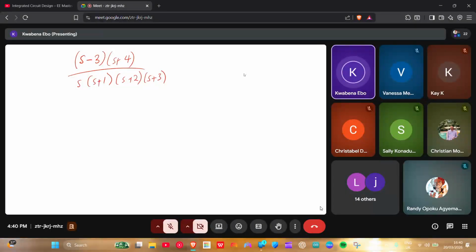The things you have to take note of are the zeros and the poles. The zeros are 3 and -4, and the poles are 0, -1, -2, -3.